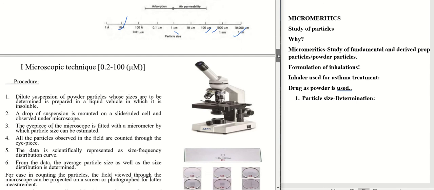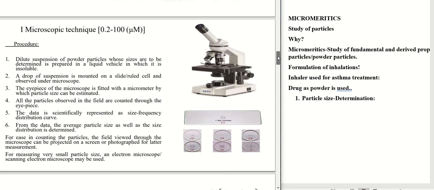Mostly this technique is used to study the particle size range of 0.2 to 100 micrometers. Now let's see the microscopic technique. The name itself indicates we will be making use of a microscope.